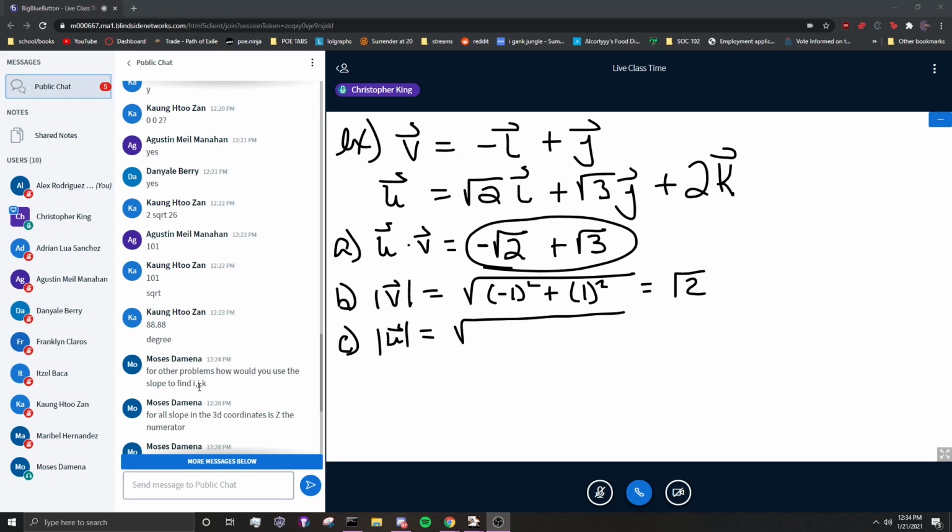So that's going to be the square root of the square root of 2 squared plus the square root of 3 squared. Oh, no, sorry. Back up. I left out a little bit. Plus 2 squared. So we're going to end up with 3. It's much better.